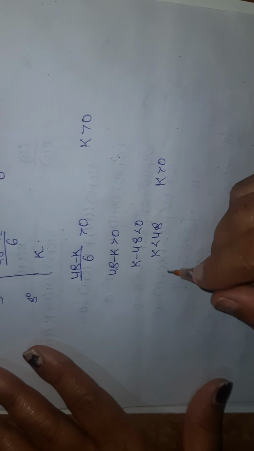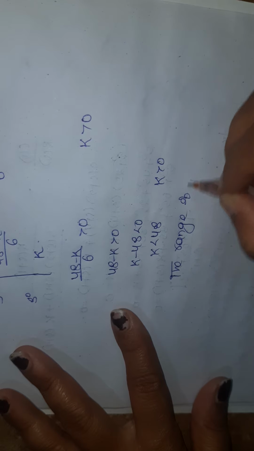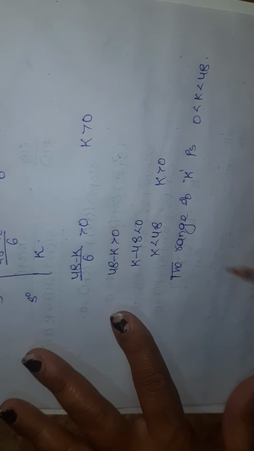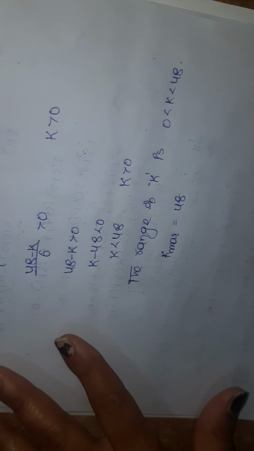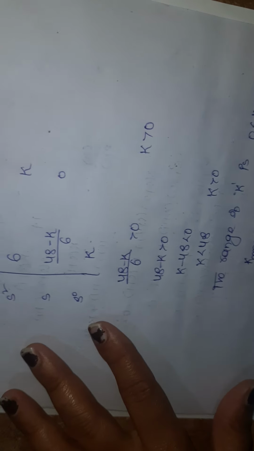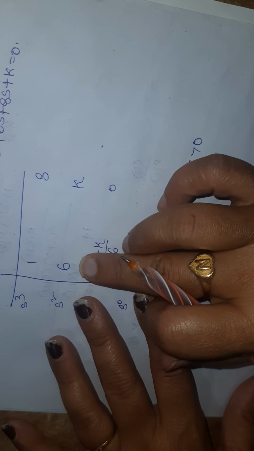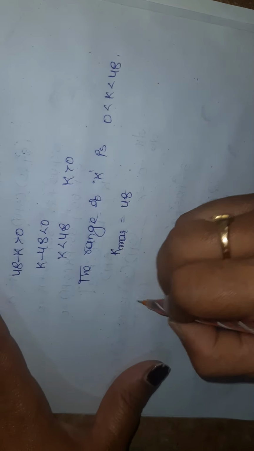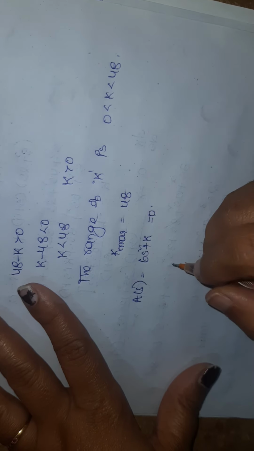The range of k is 0 less than k less than 48, and k marginal is 48. Now we consider the auxiliary equation, which is always an even polynomial of second order: 6s square plus k equal to 0. So A of s is equal to 6s square plus k equal to 0.